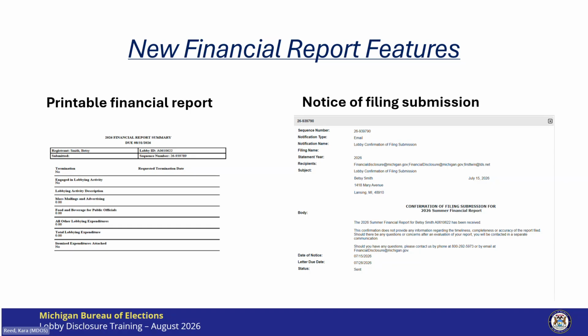This is sent via email to the email address on the registration. Now, I showed this in the demonstrations, but we have created a printable copy of the financial report. This can be accessed at any time through the MiTN portal.